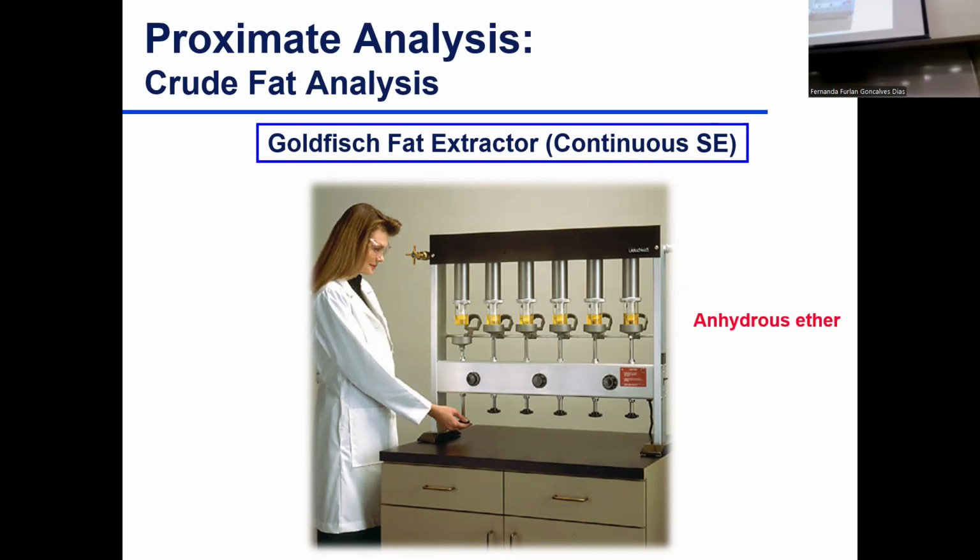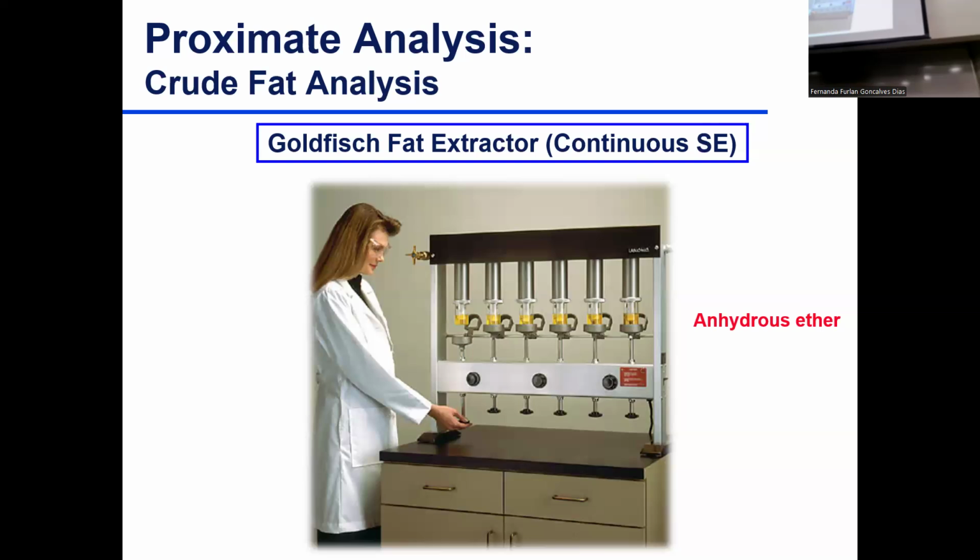And then you have a glass structure that has a thimble inside where your sample is. And then all of this is enclosed in a system. It's closed here. With heat, your solvent is going to evaporate, recirculate back onto your sample, fall down again, keep recirculating, and your fat collects here.